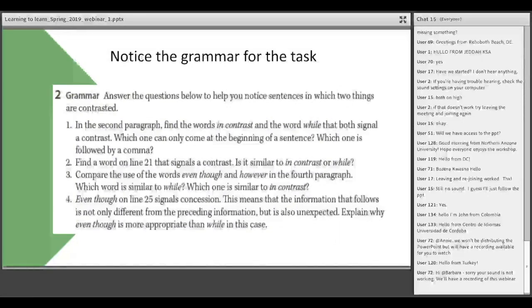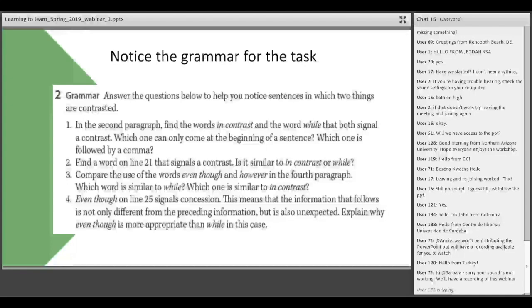And so again, we're still focusing on a compare and contrast task. And we're seeing how certain words, like in contrast or while, can be used in different ways, and how some of them can automatically be followed by certain punctuation, or how words that express contrast sometimes have subtly different meanings.